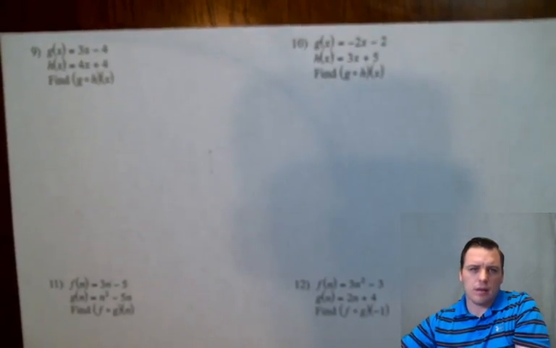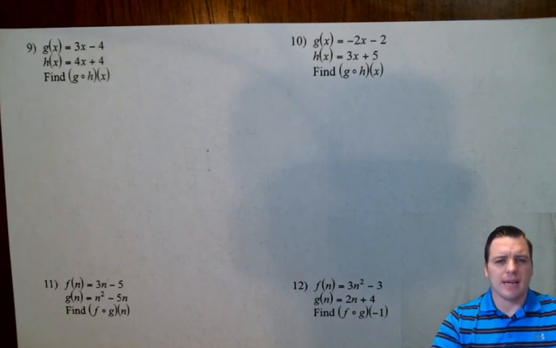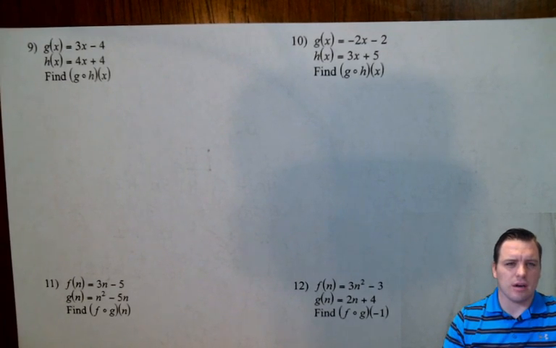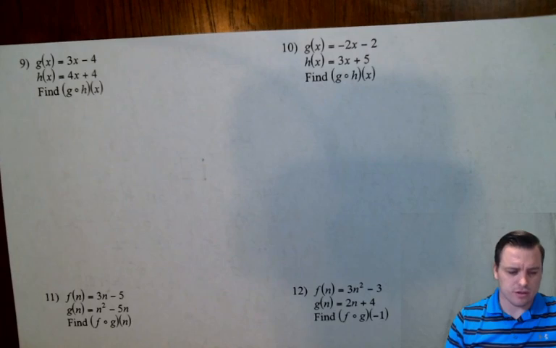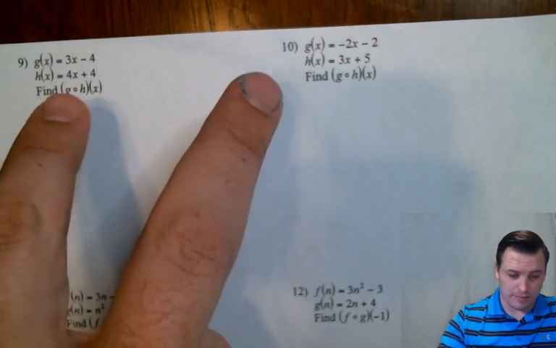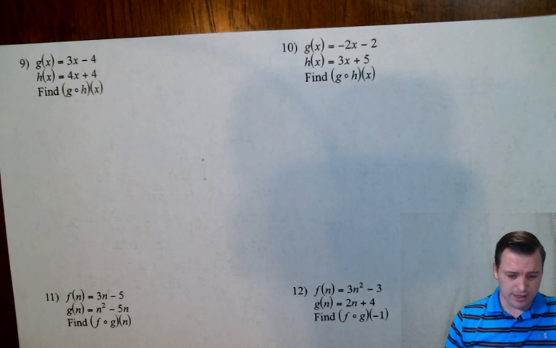Jumping to the back side. Now, the back side introduces another concept of functions. So for some reason, I meant for this right here to go down here, but it did not.